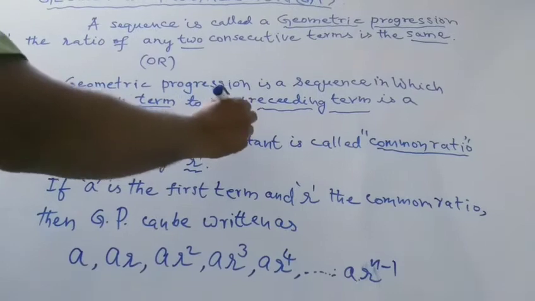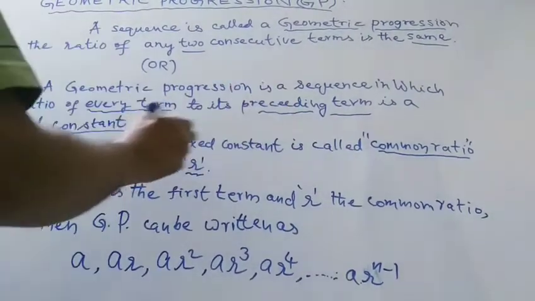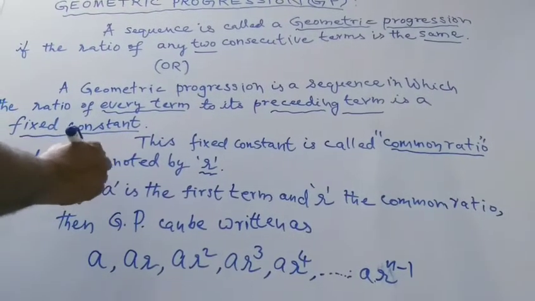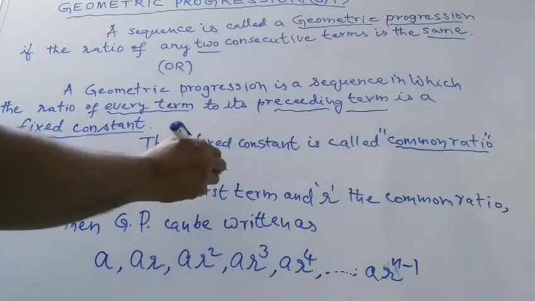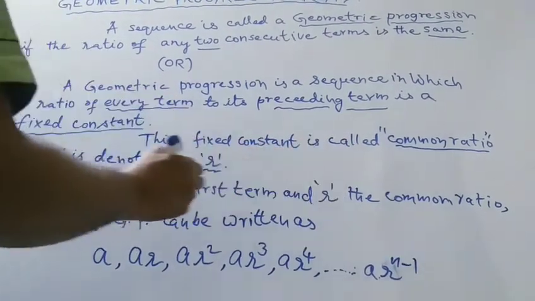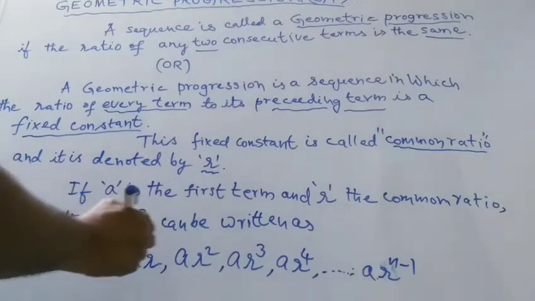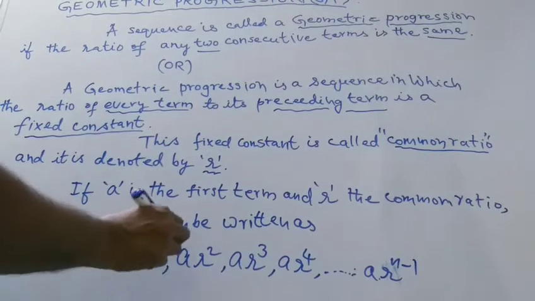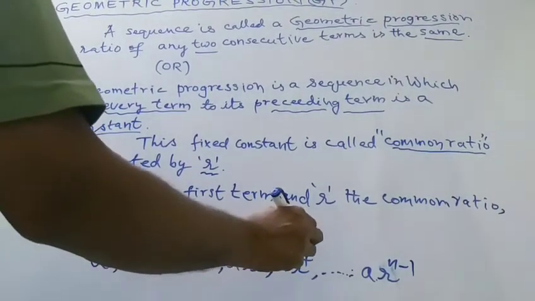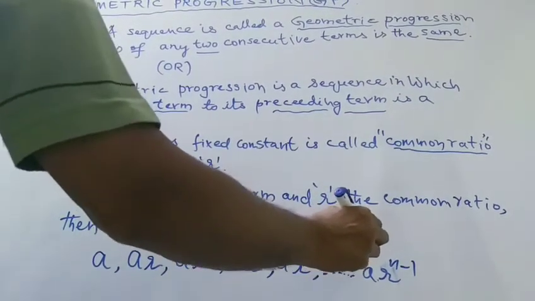This fixed constant is called common ratio. This common ratio is denoted by r. In this, small a is the first term and small r is the common ratio. Then geometric progression can be written as a, ar, ar square, ar cube, ar to the power of 4, and so on, ar to the power of n minus 1.